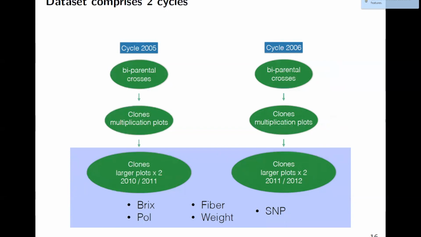On the 3rd stage, we got data on all these traits: brix, pol, fiber, and weight, and also sequencing data, from which we got SNP information. So basically, the SNP, the molecular marker information that we have comes from the 3rd stage, and we have 2 cycles to do our analysis.